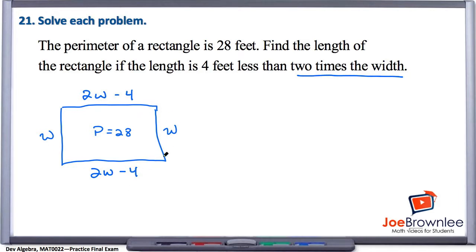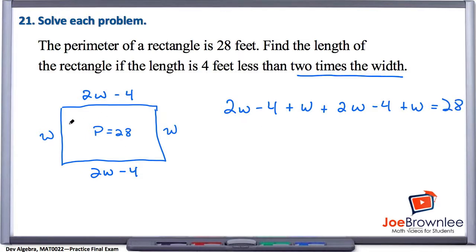And now that we have all of our sides labeled, and again, they're in terms of the width, notice that we have a W, a W, a W. So everything is in terms of the width, W. All we have to do is say, if the perimeter is 28, I have to add this side, so 2W minus 4, to this side, so plus W, plus this side, so plus 2W minus 4, plus W, equals 28, right?